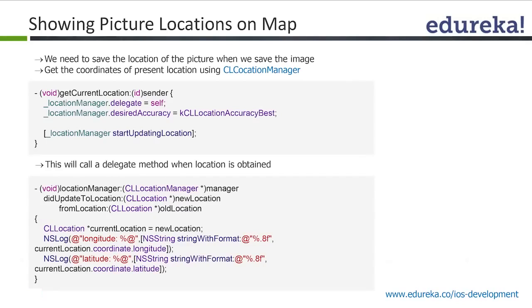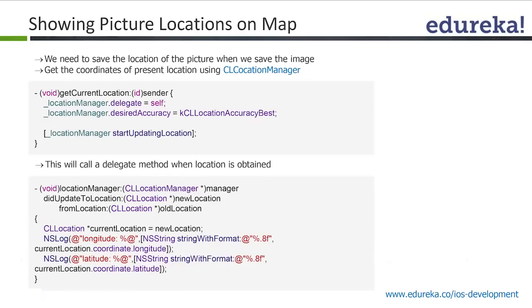If you just want to print it, you can use NSLog. That is the logging statement we use in Objective-C for logging anything. The percent-at sign is the identifier for the object.